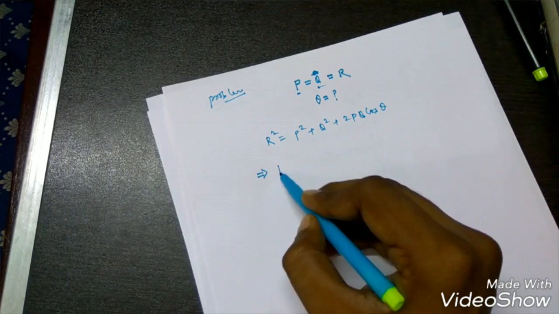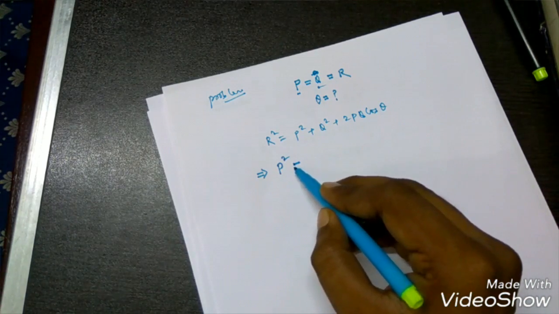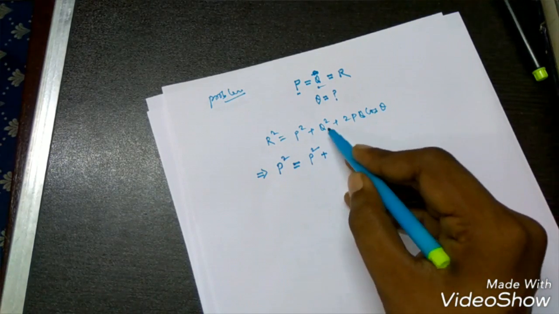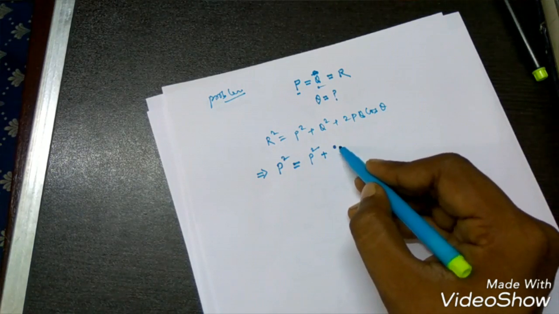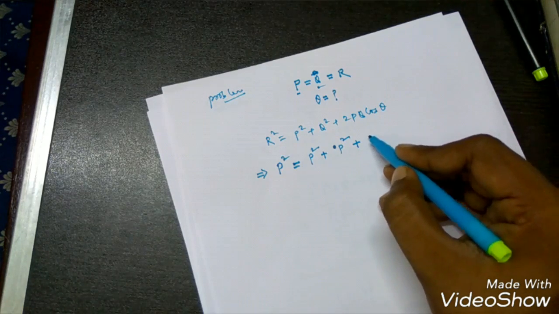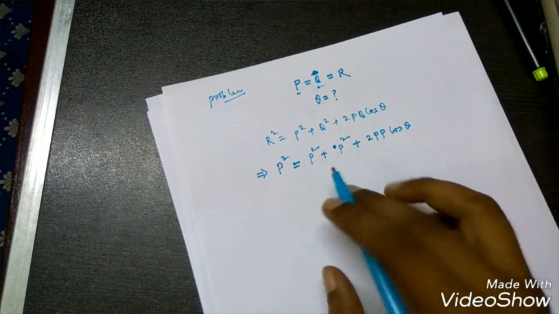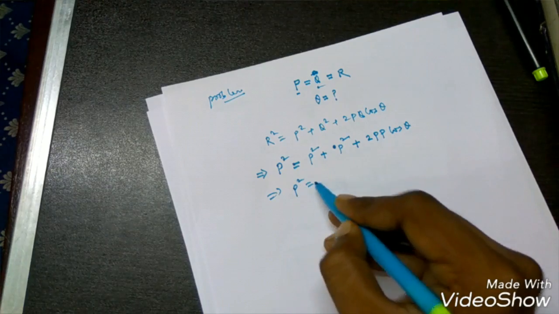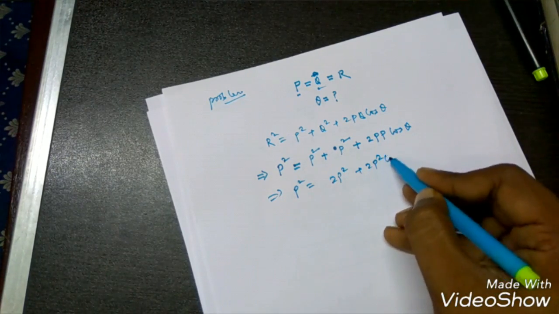R square can be replaced by P square, Q can be replaced by P. So I am converting the expression into P. So this will be equal to P square plus P square plus 2P square cos theta.